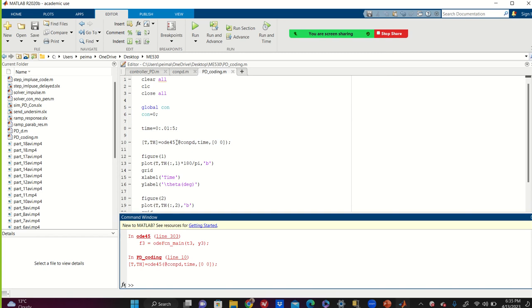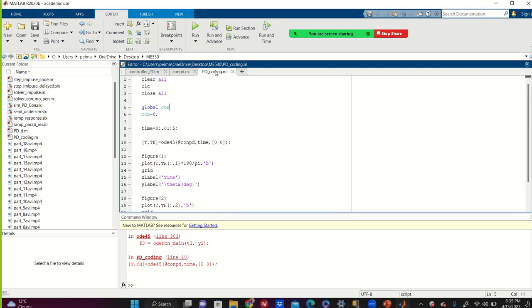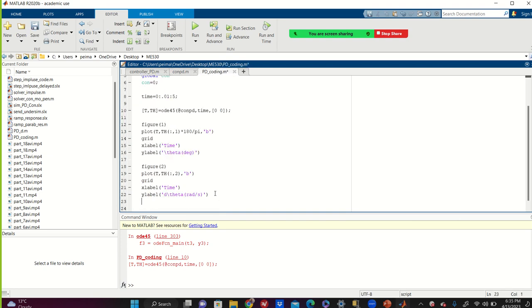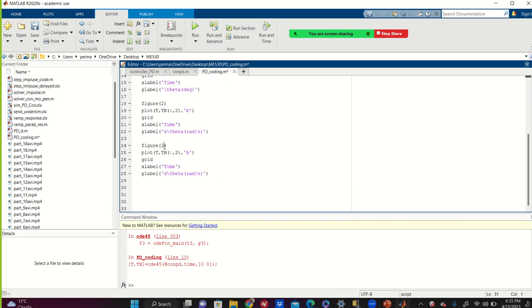So if I do that and remove pause, then you can say figure 3. I want to see the error signal because you already defined EP as the global thing. It's gonna be error signal E. Hopefully it plots.